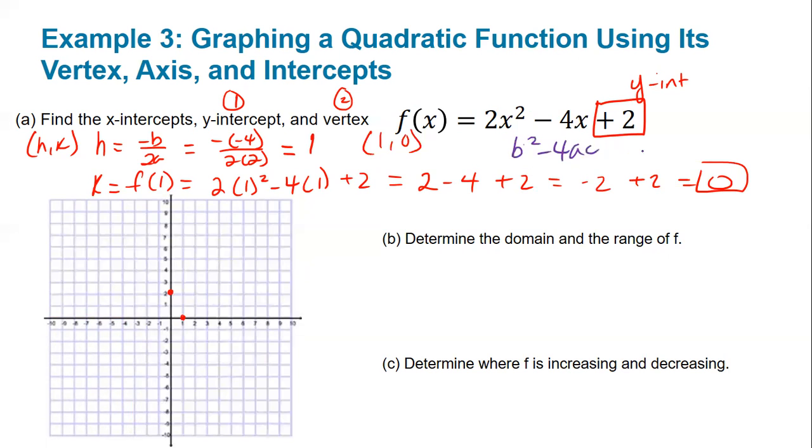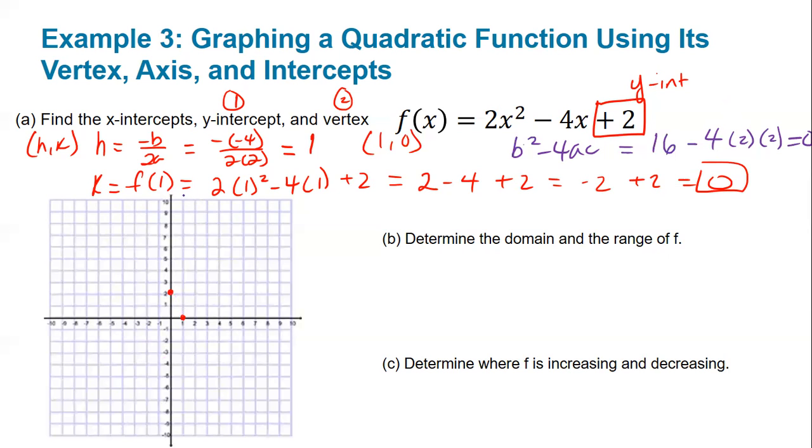Plugging these in, b squared is negative 4 squared, which gives me 16. And what's 4 times 2 times 2? That's also 16. So this equals 0. If our discriminant is 0, how many times am I going to cross the x-axis? One time, which is why this is where it stops.